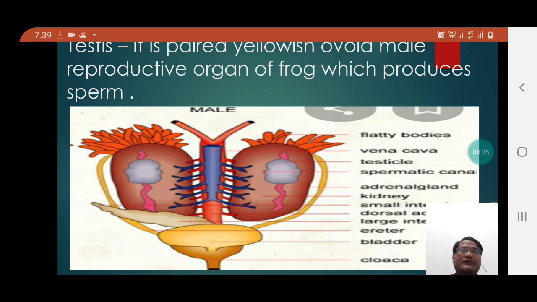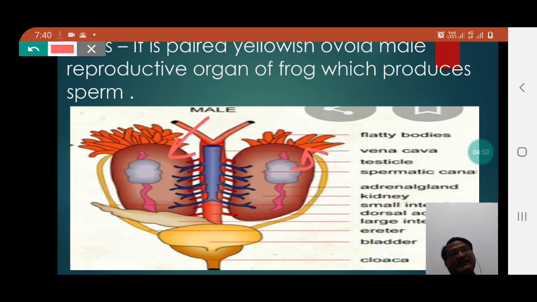At the top of the testis we even can find fatty bodies, and apart from that the male testis is connected with the kidney also. So students, this is the kidney which you can see, and this is the testis. So testis generally remains connected with the kidney in the frog.